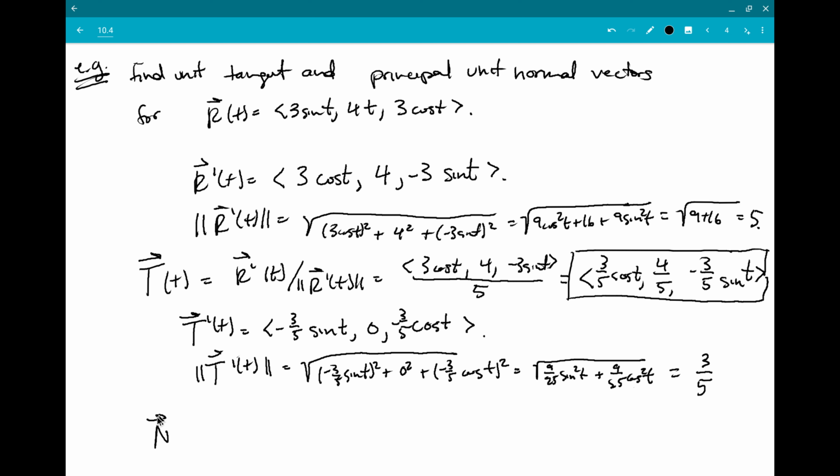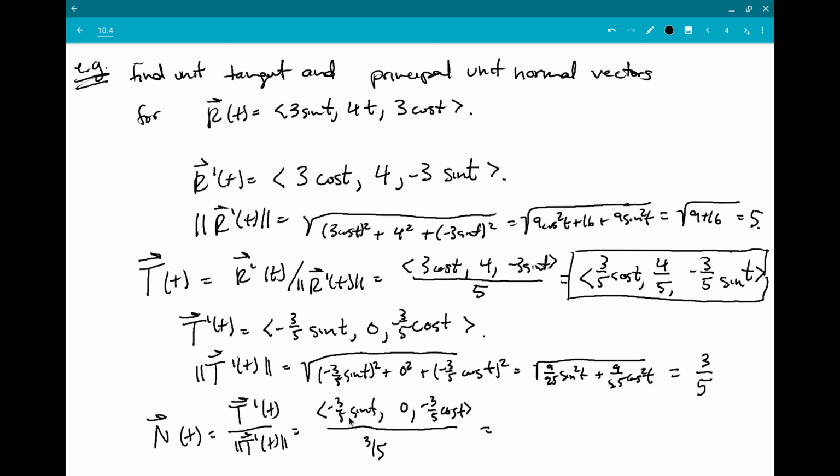And so that principal unit normal vector N of t, given by our formula, T prime of t over magnitude of T prime of t, that's going to be minus 3/5 sine t, 0, minus 3/5 cosine t, all divided by 3/5.